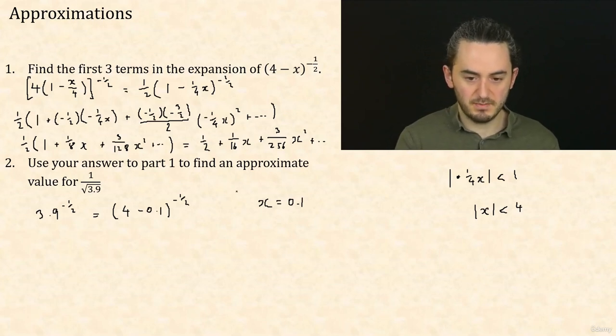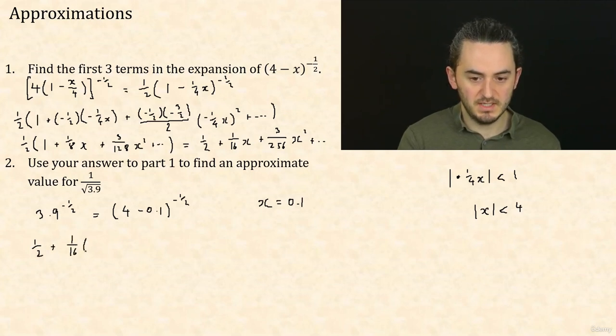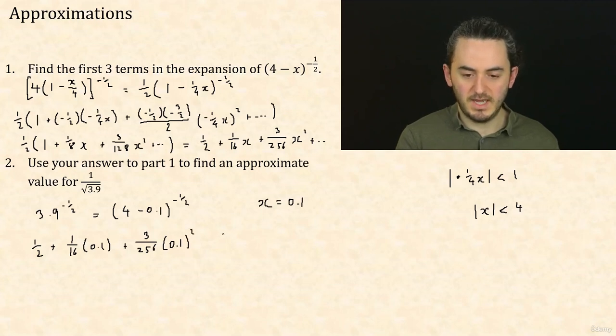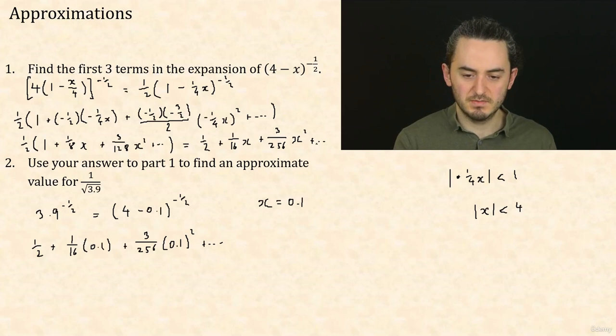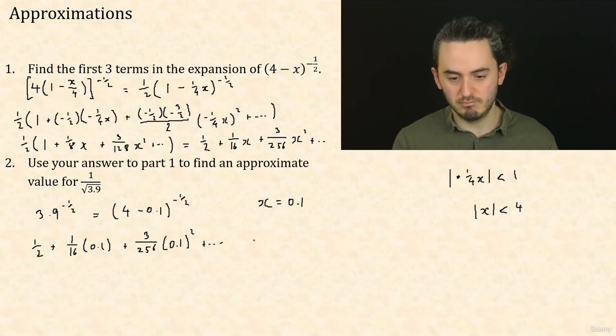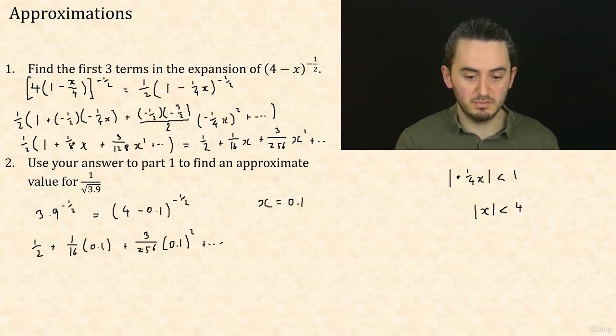So let's do that. Let's sub in x equals 0.1. What do I get? I get a half plus 1 over 16 times 0.1 plus 3 over 256 times 0.1 squared. And I know that I could go on, but the next term is 0.1 cubed, which is already 1,000th, and these are looking pretty small as well.